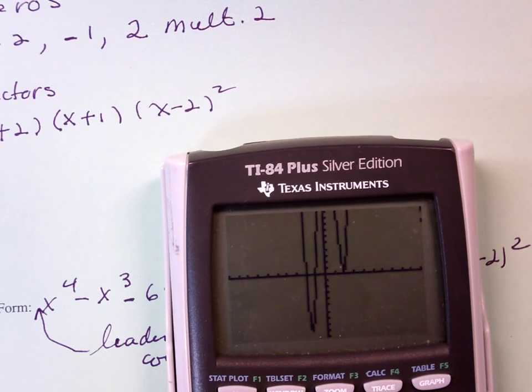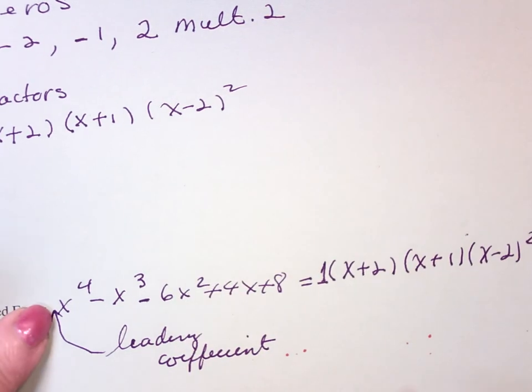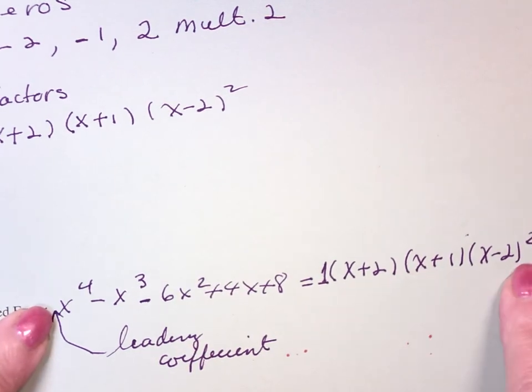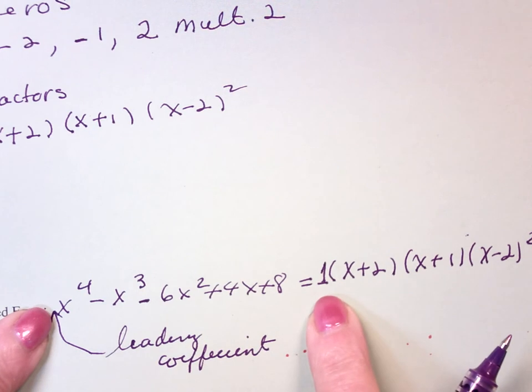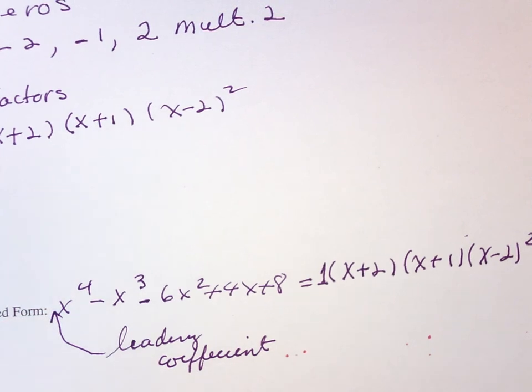It has the same zeros. So you have to take into account the leading coefficient. That's why I look at what is the leading coefficient. This is the factorization. The leading coefficient basically determines which one of those graphs that I've just graphed it is. It's one of them.